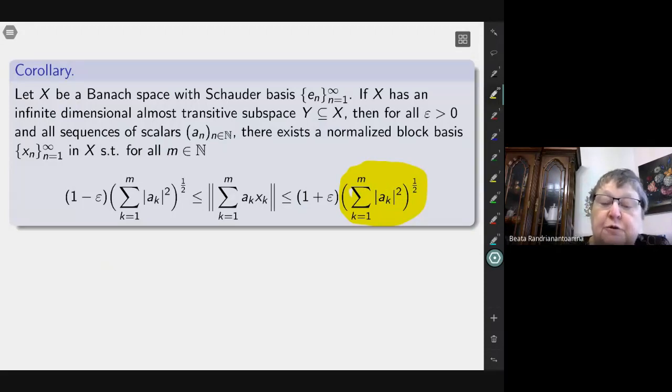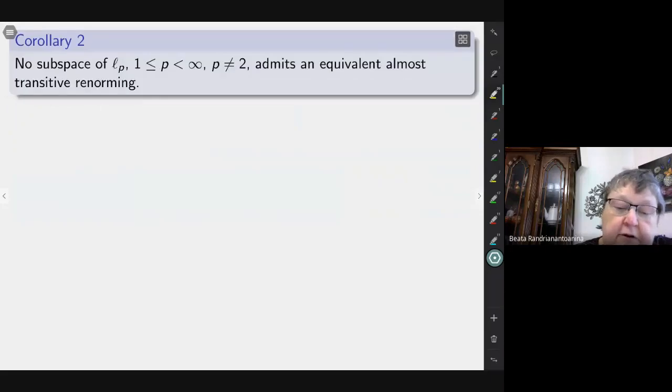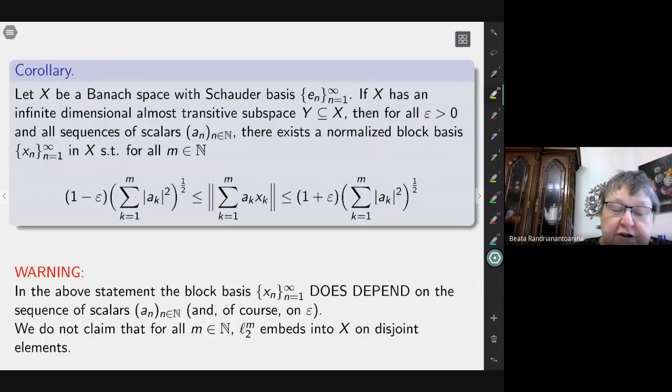However, we cannot do it for arbitrary scalars. What we can do is that once you choose a sequence, let me show this warning right away. Once we choose a sequence, depending on the sequence, you can choose the sequence a_k of numbers. You can choose a normalized block basis in X so that this happens.